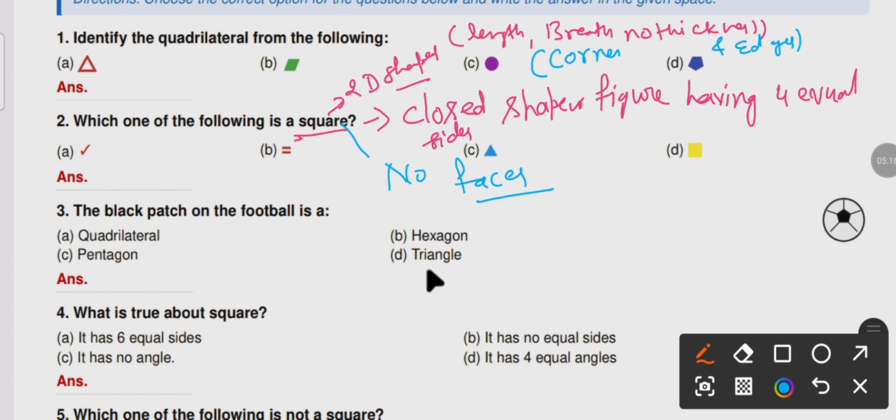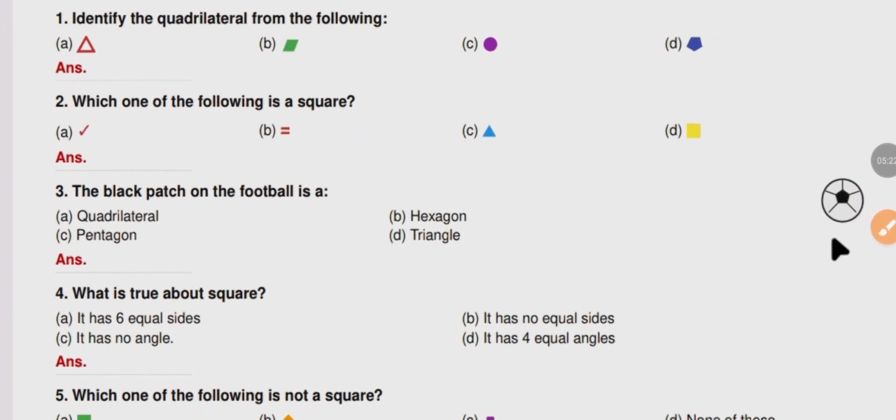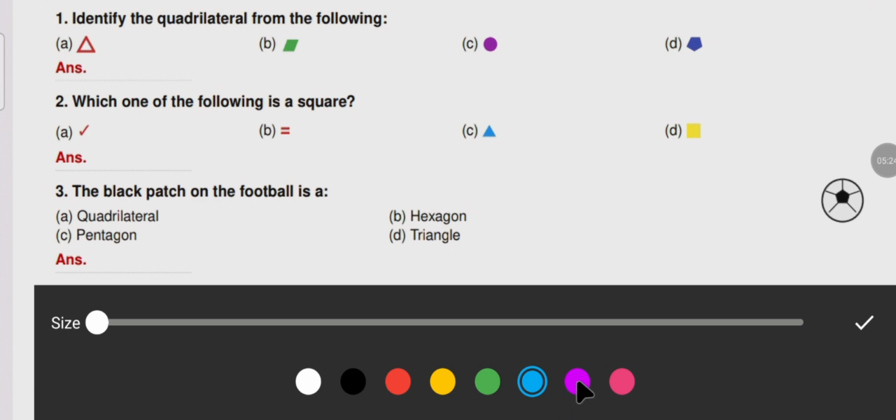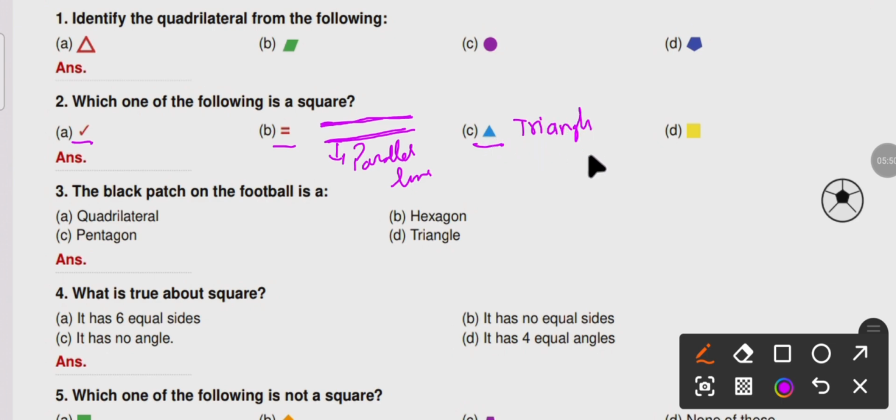Okay, so now see the options. Now option 1, A option. This is the tick mark sign, and next this is long in this way, like these are parallel lines, and this is a triangle because it has 3 sides and 3 corners, and last one is a square.